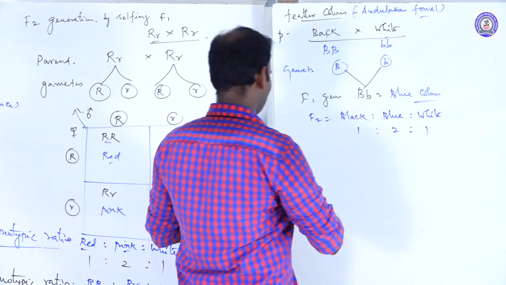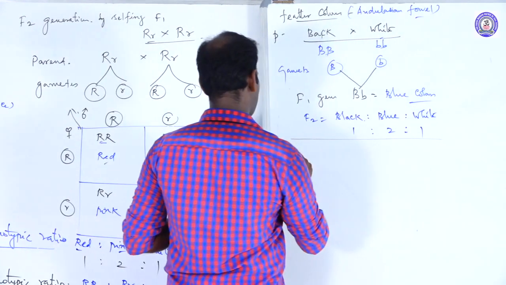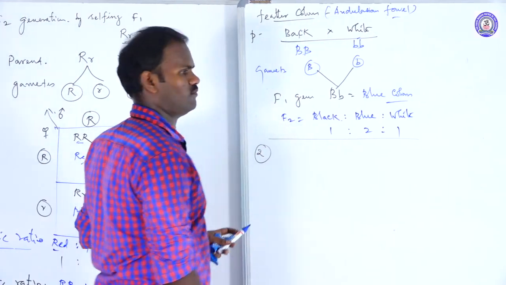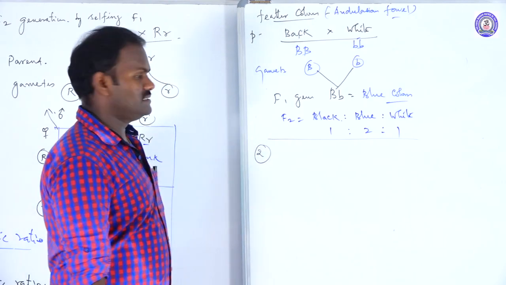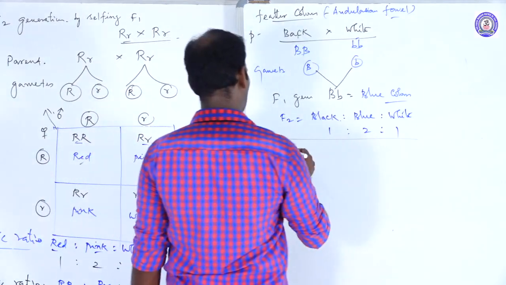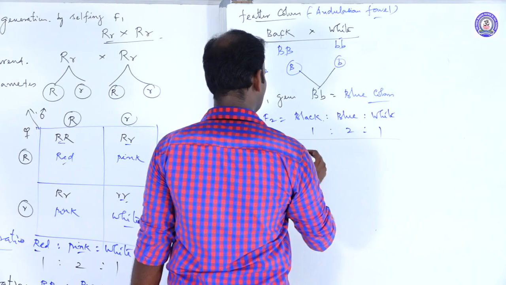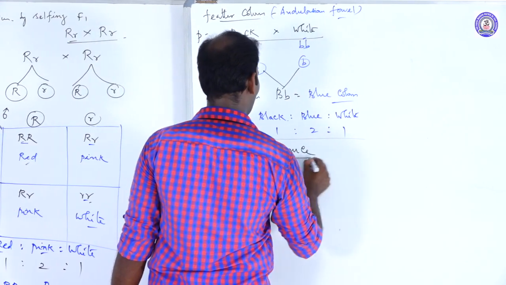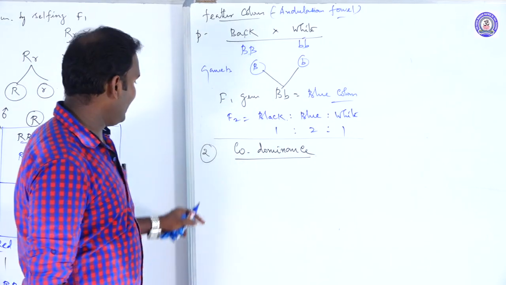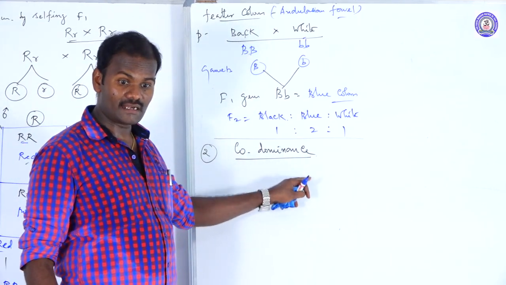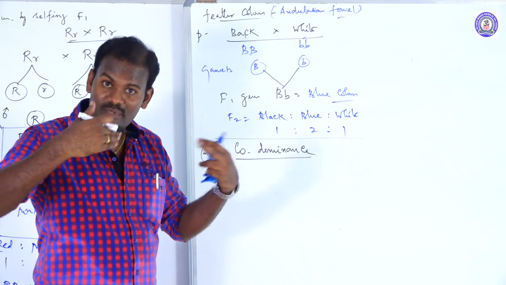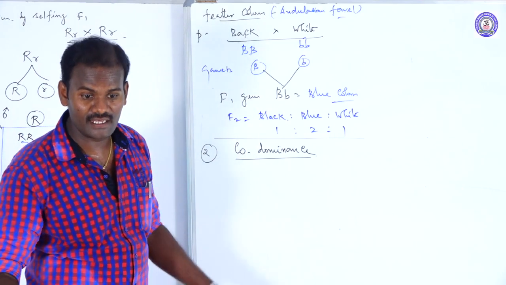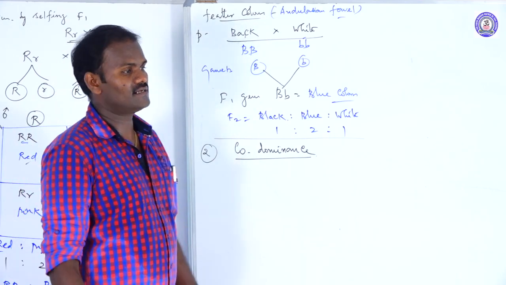The second exception is codominance. Then what is called codominance? Alleles of both the parental characters are able to express themselves independently in the F1 generation. These are called codominance.